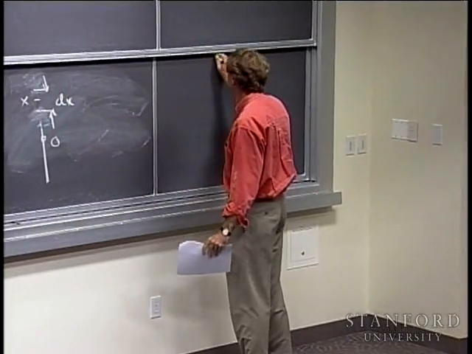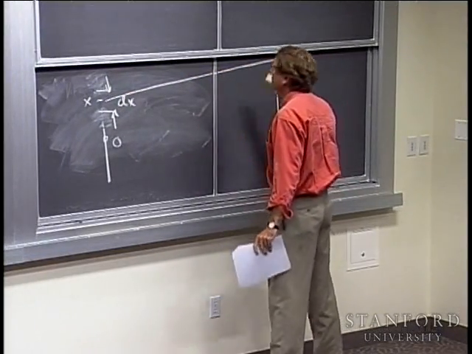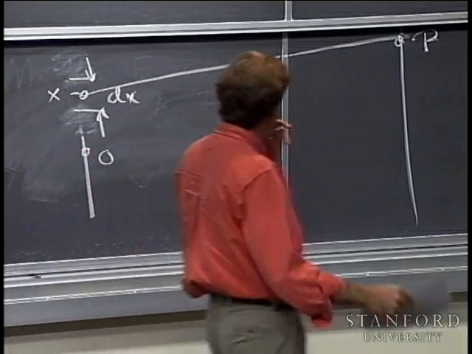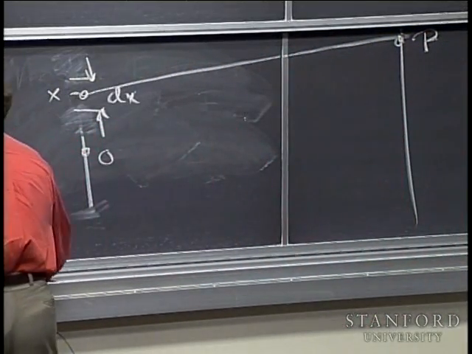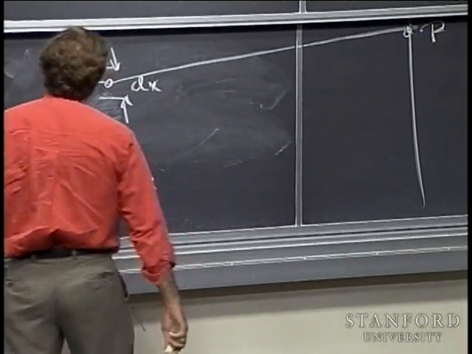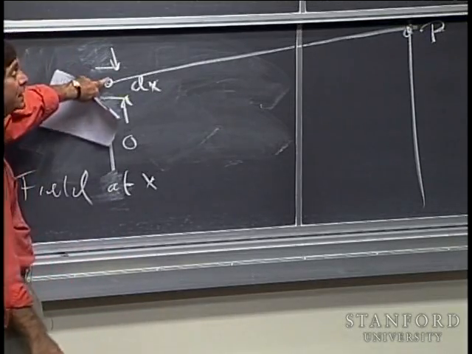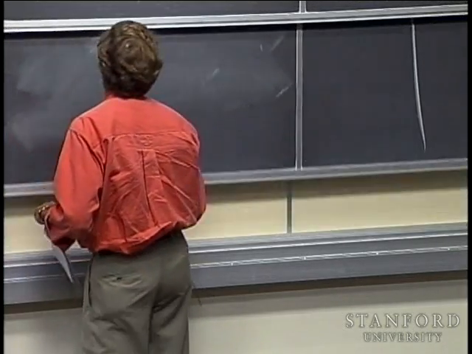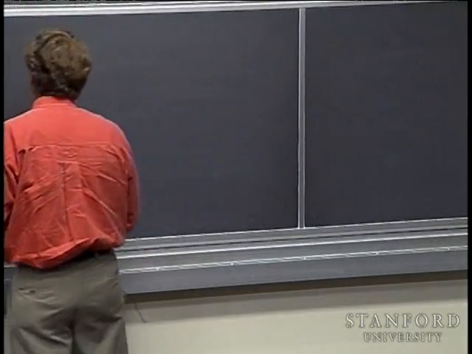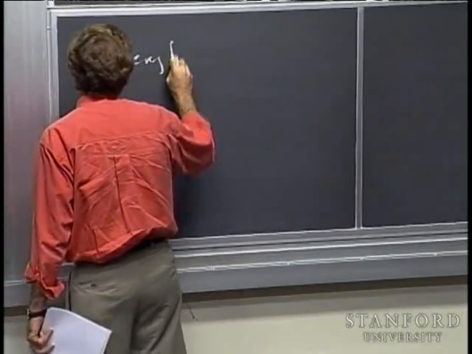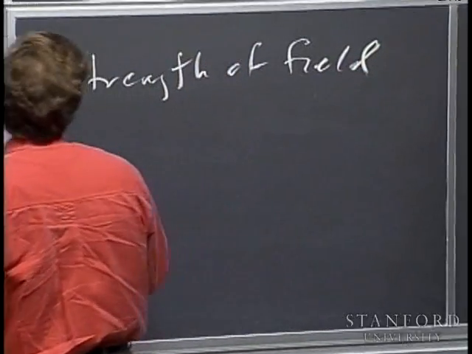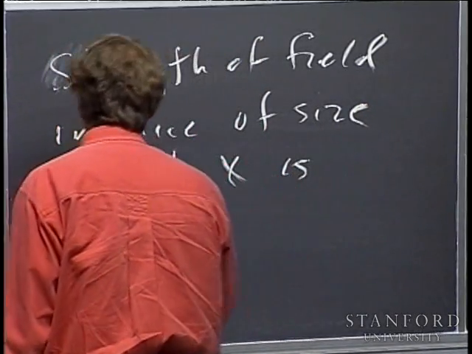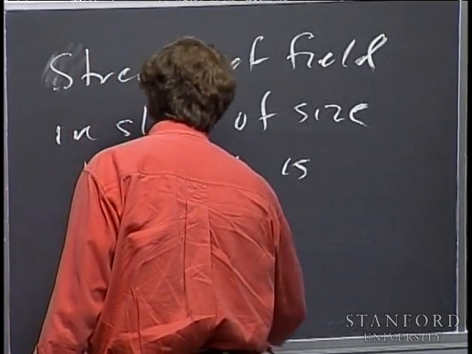All right, so here's P over here. So light comes out of x, or out of this little slice, and reaches P. The strength of the field in the slice of size dx at x is about E naught, the strength, times e to the 2 pi i nu t times dx.